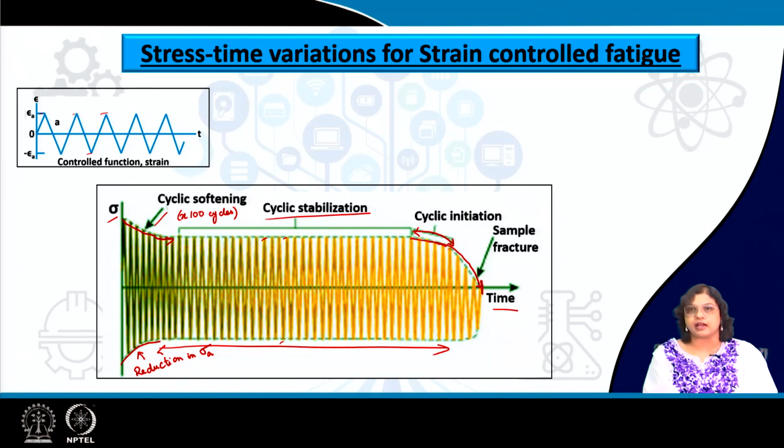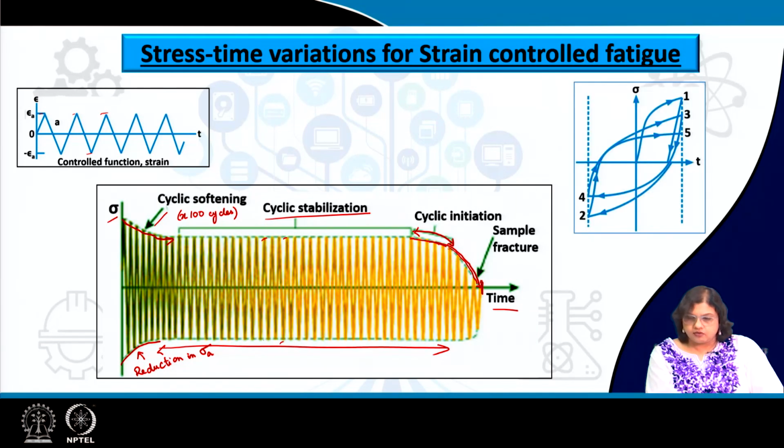So, even if the dominant fatigue crack which can lead to fracture has already initiated, this is particularly relevant for the tensile cycles. So, this is reflected only in the tensile part of the curve and then it fractures, but in either case, for both tension and compression, the major part is followed by the cyclic stabilized part.